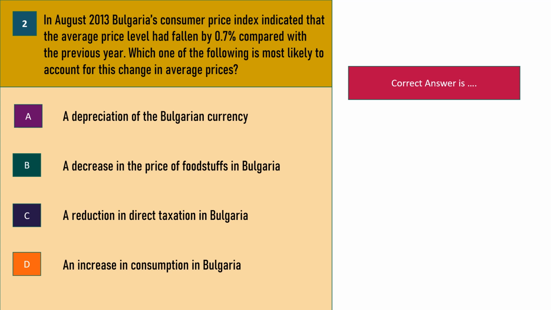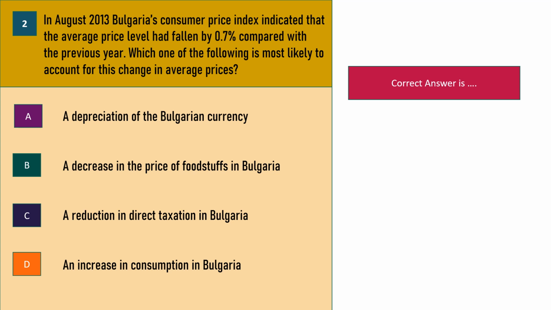Then option B, a decrease in the price of foodstuff in Bulgaria. Actually, option B is the correct answer. I will explain why it is correct, so we will reject the other options first and come back to that. Option C, a reduction in indirect taxation in Bulgaria. We know that a fall in tax is an expansionary fiscal policy.